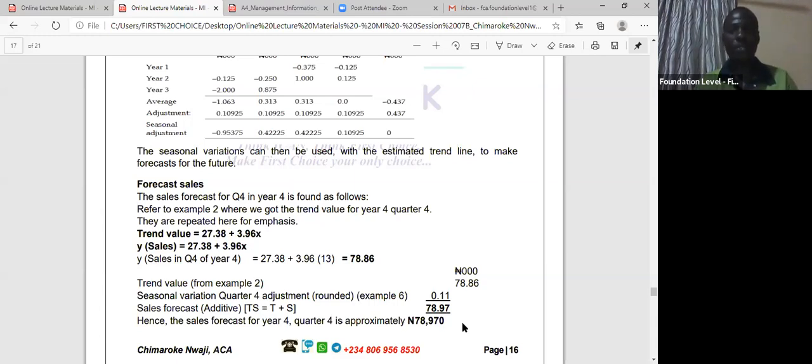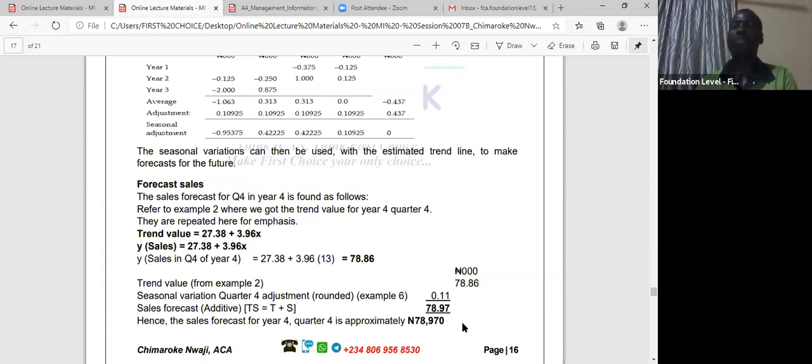Day 1, day 2, or quarter 1, quarter 2, or week 1, week 2, as the season goes. Then you look for the average. When you look for the average, add them up together. It must be 0. Must be 0. Now, when it is not 0, look for the difference that should make it 0.